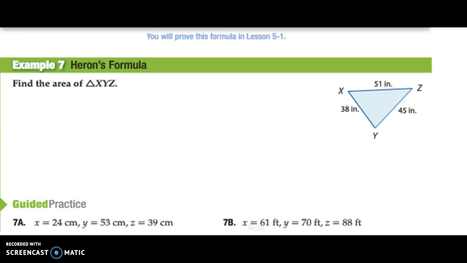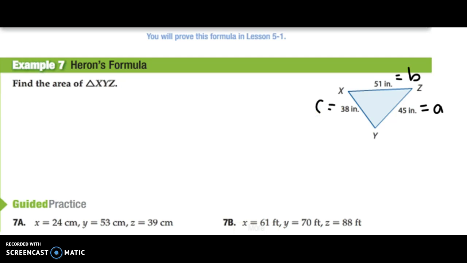Example 7 here gives us this triangle, and it says that each side is 45, 51, and 38 respectively. Now the nice thing is when you know all three sides, it doesn't really matter which one's A, B, or C. So I'm just going to say that 45 is A, 51 is B, and 38 is C. And again, you could change that up, no big deal.